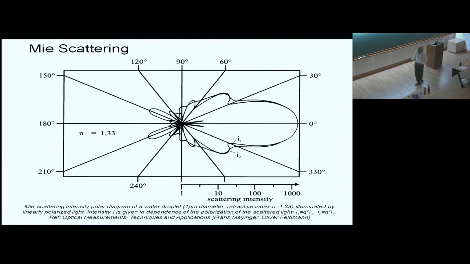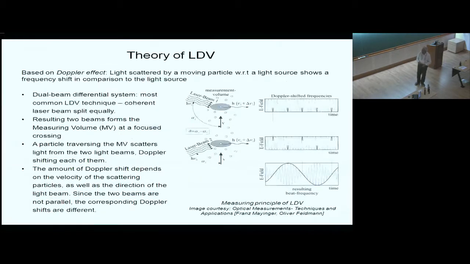And you get most intense scattering intensity in the forward direction, and least in the backward direction. And this is basically the theory behind the principle.